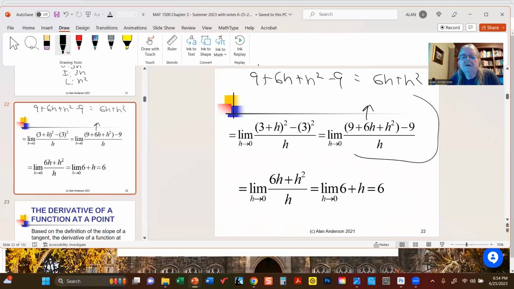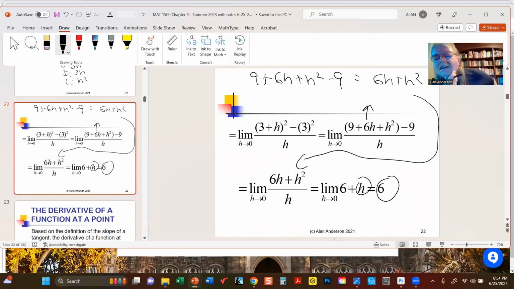And so you've got the limit of 6h plus h squared over h, which of course reduces to 6 plus h. And because h is approaching 0, we ultimately end up with 6. So it has to work out the same as the other version of this limit derivative definition. They both mean the same thing, basically. So when you take this limit, you're going to end up with the same result.